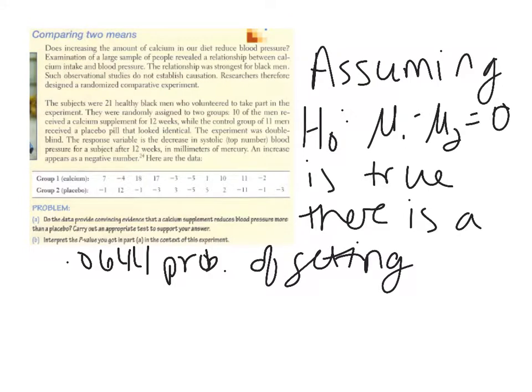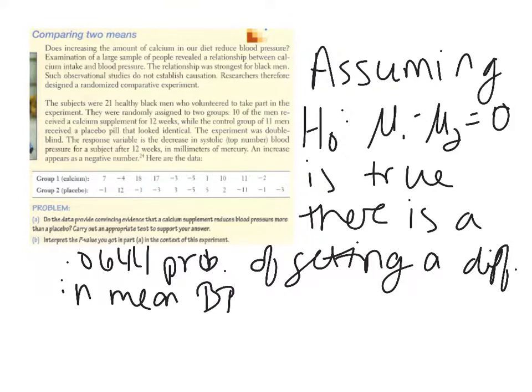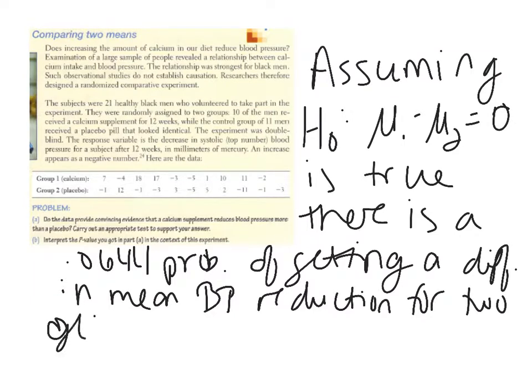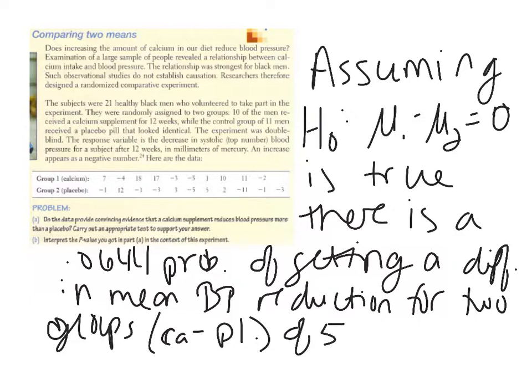We were looking for a difference in mean. So of getting a difference in mean blood pressure reduction for the two groups, and we did calcium minus the placebo, of 5.273 or greater.